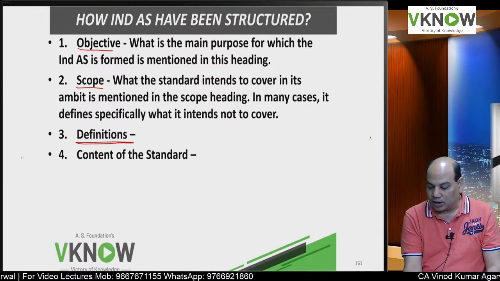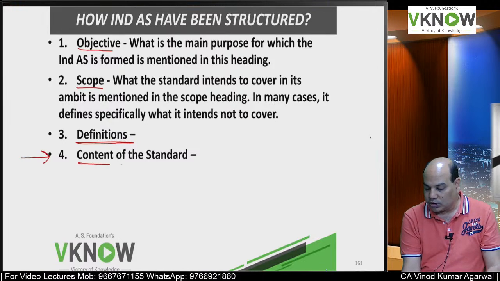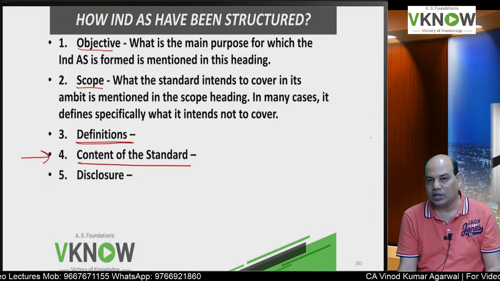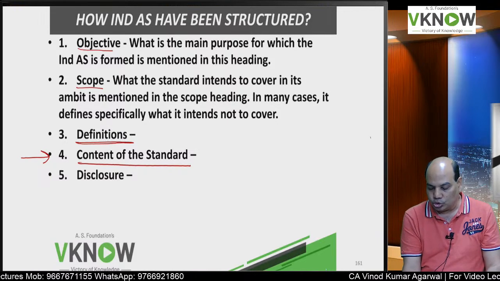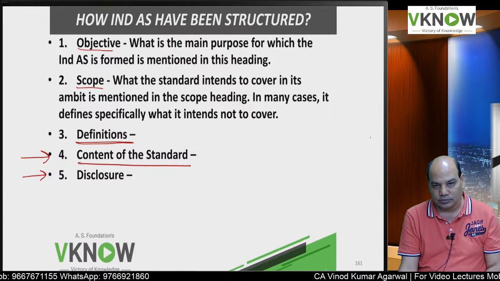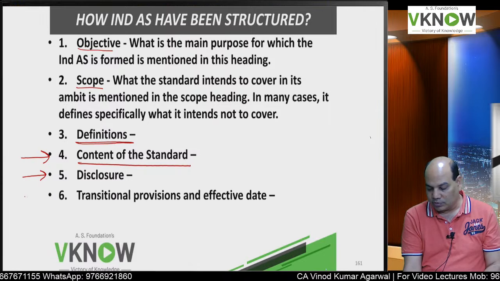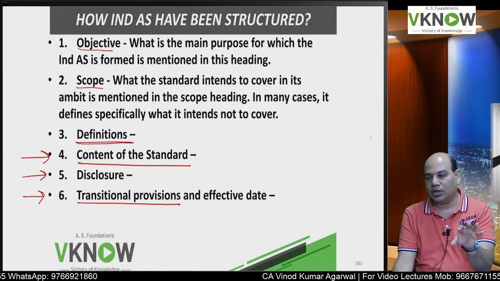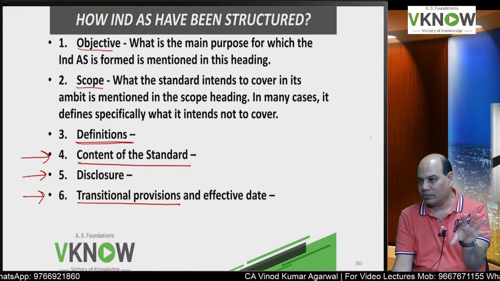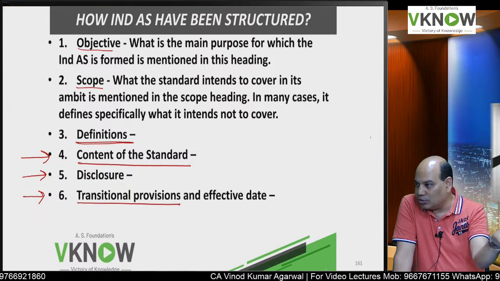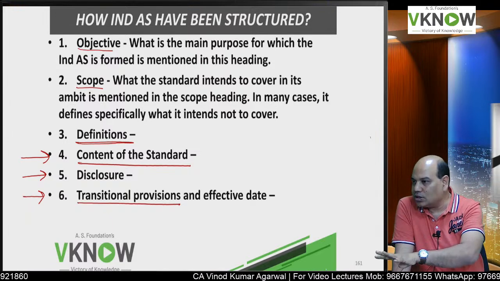The fourth part is the main part, which is the content of the standard, where all the provisions of the standard will be. Usually the standard will end with a disclosure paragraph, and sometimes there may be transitional provisions also, like in Ind AS 116 Leases, how to transit from old lease accounting to new lease accounting.